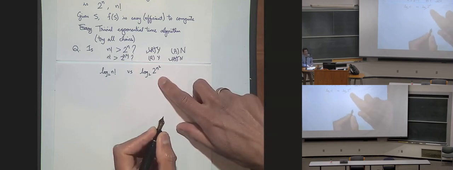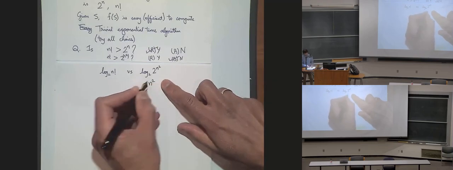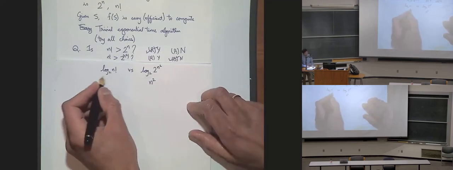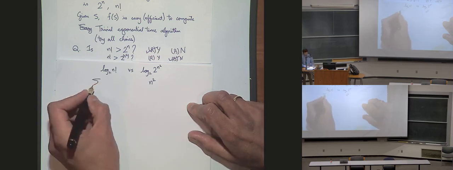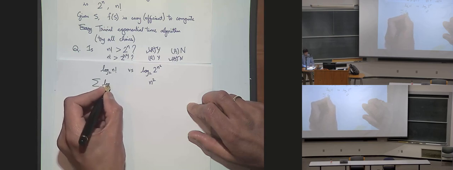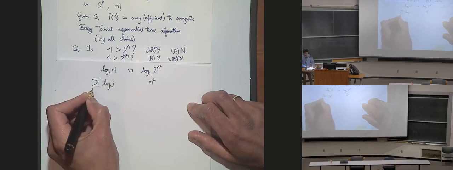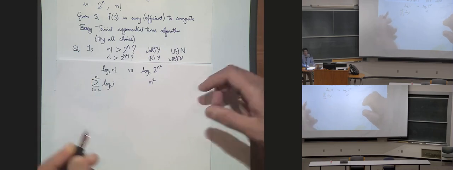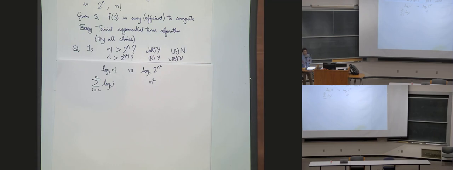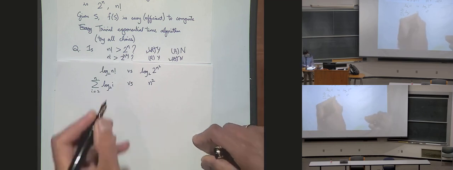Now this guy is easy, right? That's just n squared. What is that? Okay, good. So this is basically, if you apply the log formula, you get log base 2 of i, where i is going from, let's say, 2 to n. Yeah? Okay. Now what?